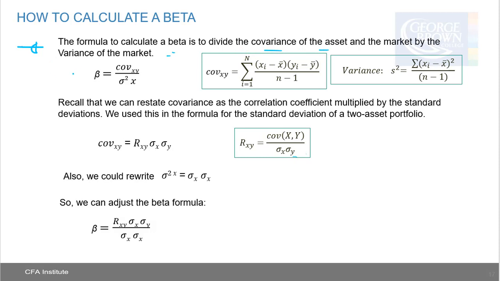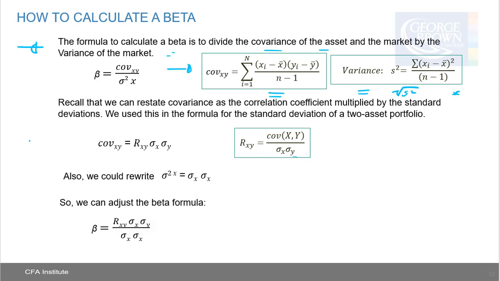So beta equals the covariance divided by the variance. We learned how to calculate covariance in Chapter 8 on quantitative concepts, and also variance in Chapter 8 as well. This is a sample variance, and we understand that the standard deviation is the square root of the variance, okay?